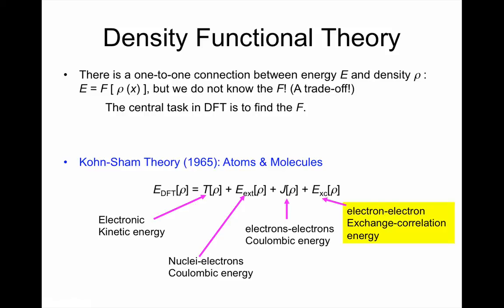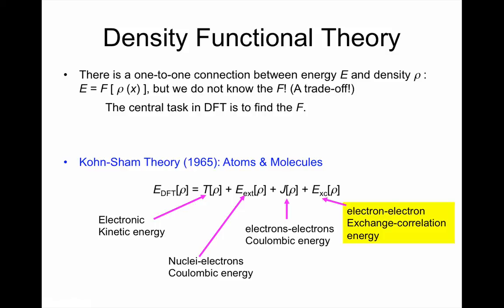If we reflect a bit on the use of the density in our description of the system instead of using the wave function, then we can quickly see that this would represent a very large simplification, simply because the density is a real function of only 3 variables, x, y, and z, while the wave function is usually a very complicated function of 3N coordinates, x, y, z, for each electron.